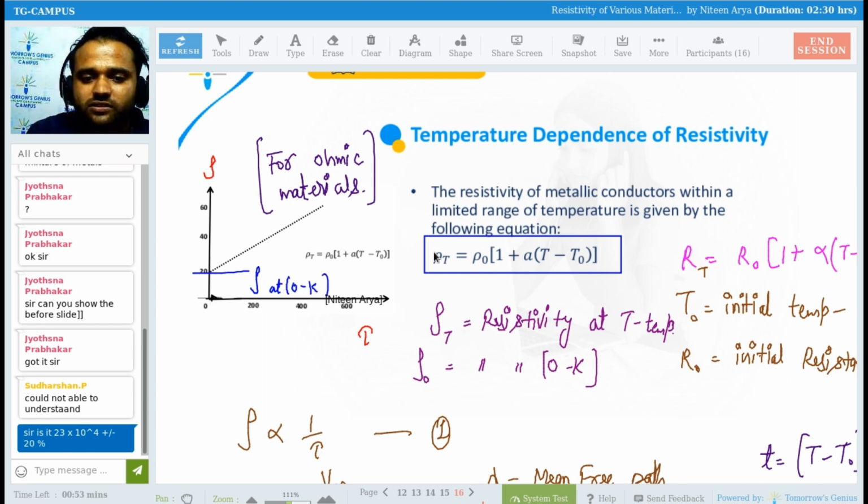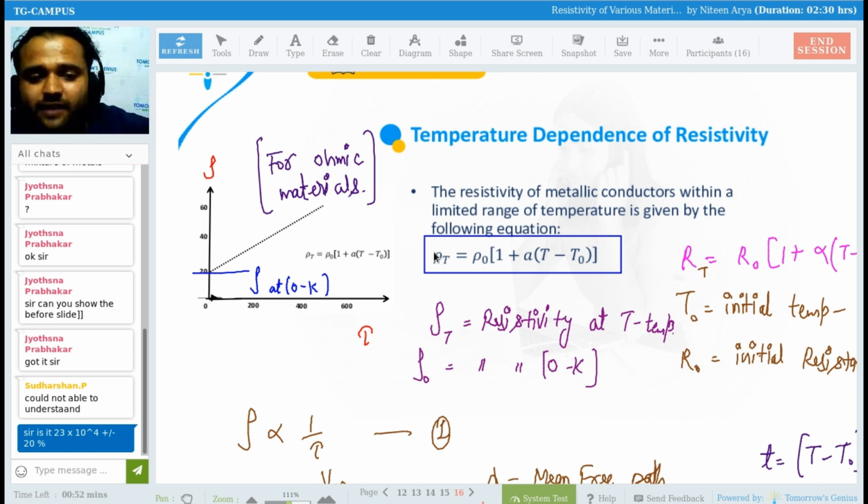Why so? Because resistivity at temperature T is rho naught (1 + alpha T). So the meaning of this graph is that resistivity is proportional to temperature with alpha, which is some constant, and this is going to be linear but not starting from the origin.